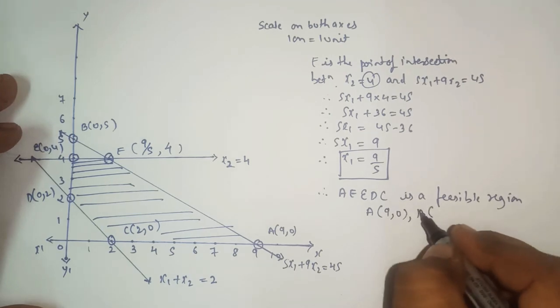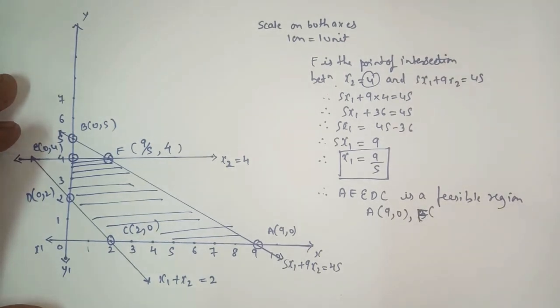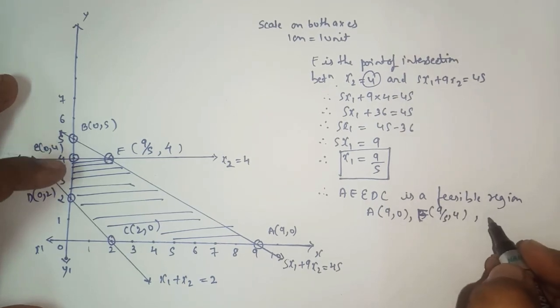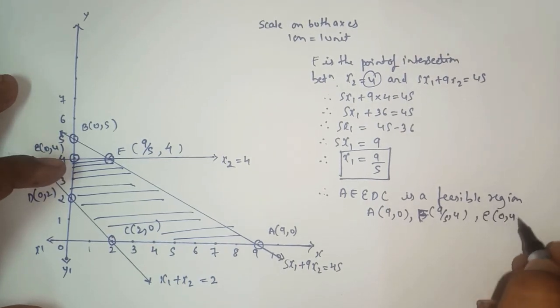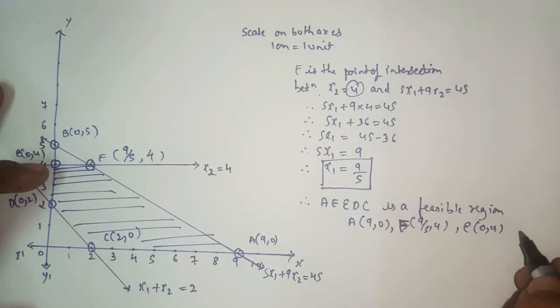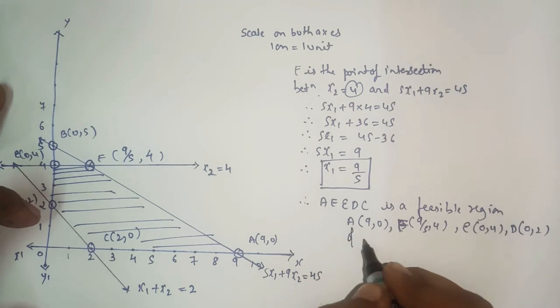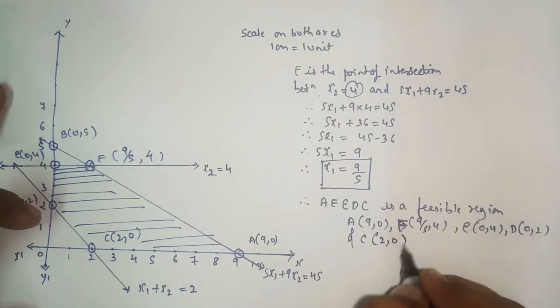Sorry, F is 9 upon 5 comma 4. E is 0 comma 4. D is 0 comma 2 and the last one, C, is 2 comma 0.